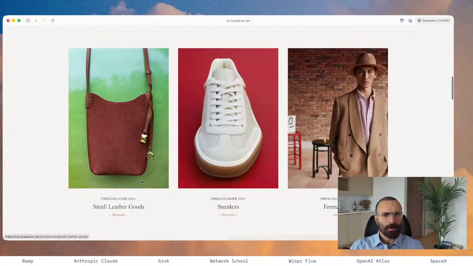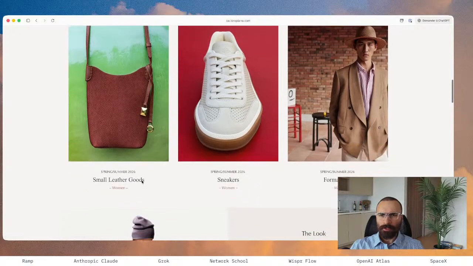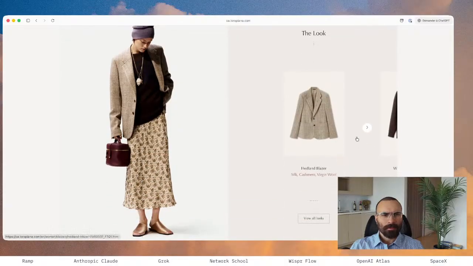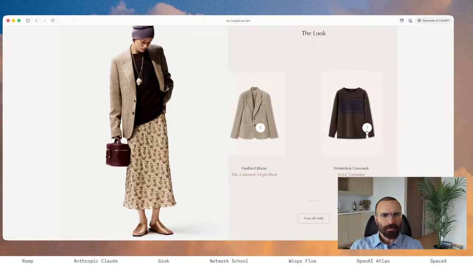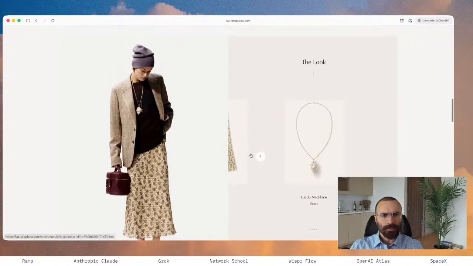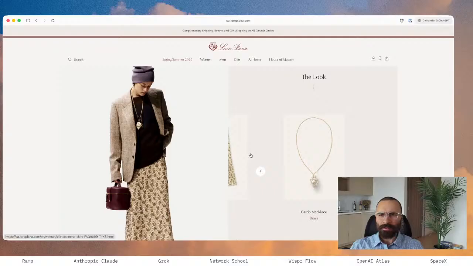Formal wear. Small leather goods, sneakers. The look: headland blazer, crew neck, Simona silk, cardo necklace.